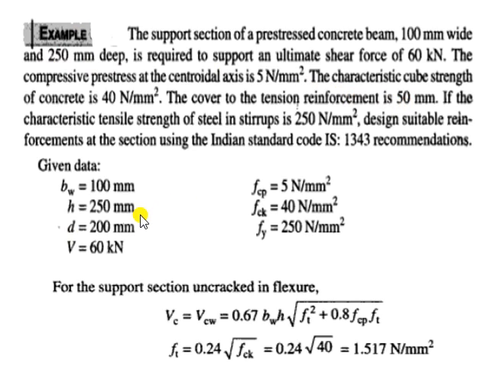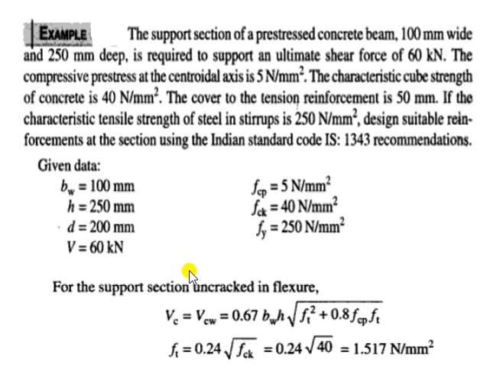Therefore effective depth is 250 minus 50, that is 200 millimeter. Shear force V is 60 kilonewton. FCP is the compressive pre-stress at the centroidal axis of the section, 5 Newton per mm square. FCK, the grade of concrete, is 40 Newton per mm square. Fy is 250 Newton per mm square.